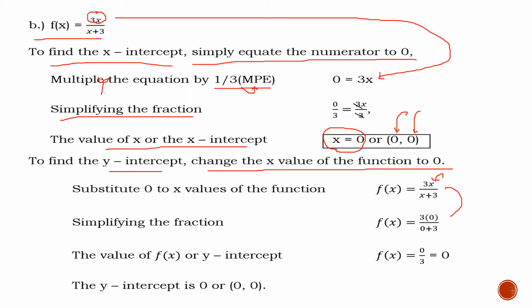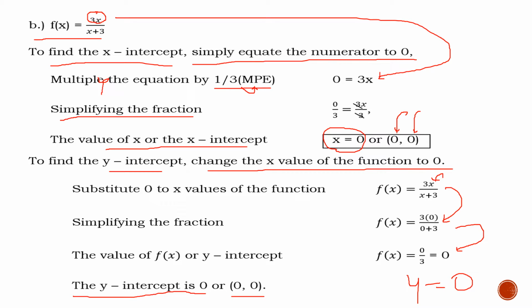So it becomes 3 multiplied by 0 over 0 plus 3. Then if we simplify this, it becomes 0 over 3, or simply f of x is equal to 0, or your y is equal to 0. And the y-intercept is 0, or (0, 0).